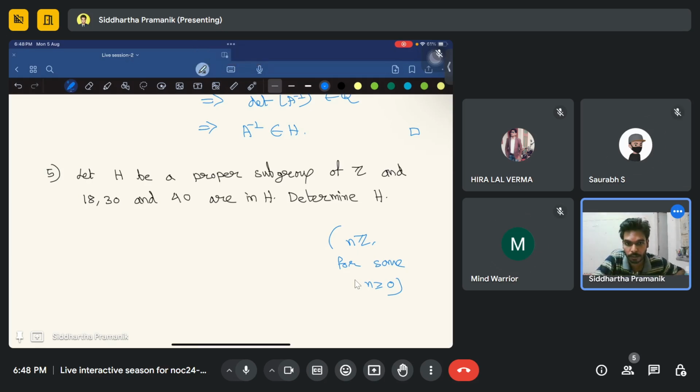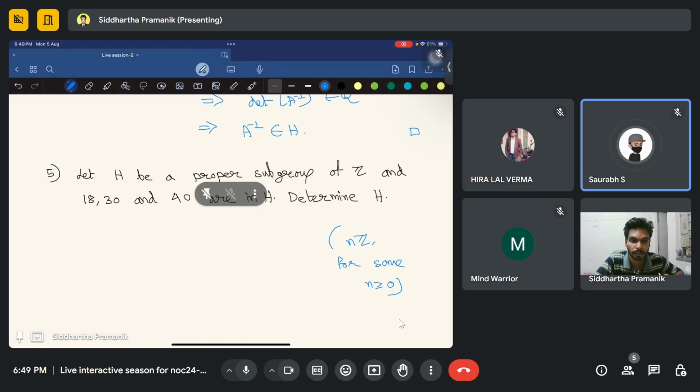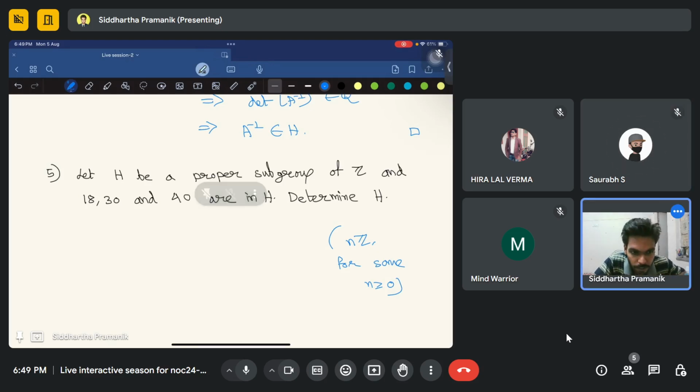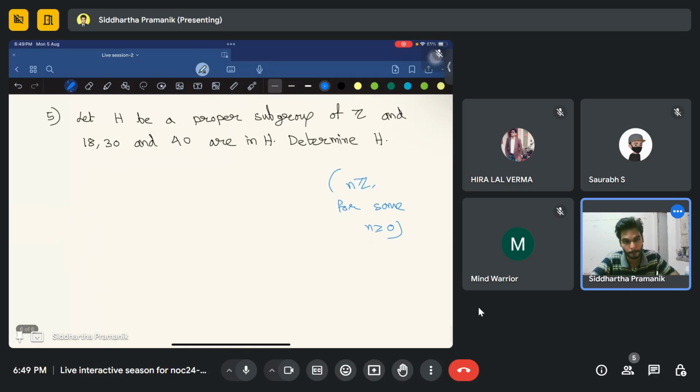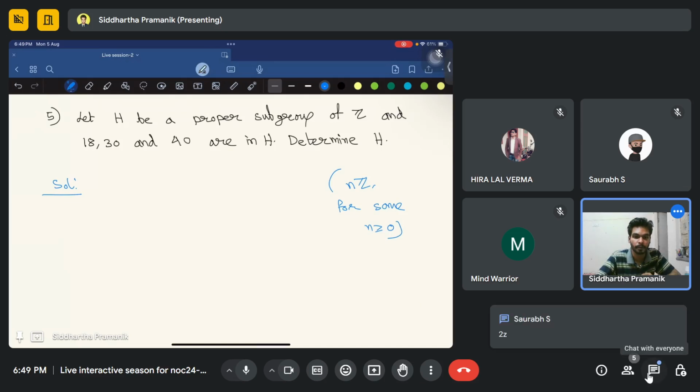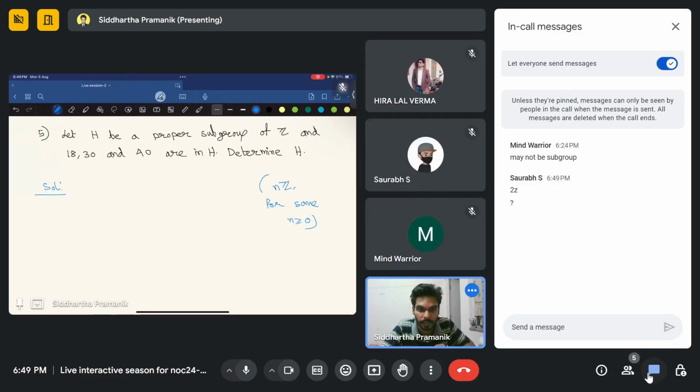You can write down in the chat box also if you want. Yeah, the answer is correct.